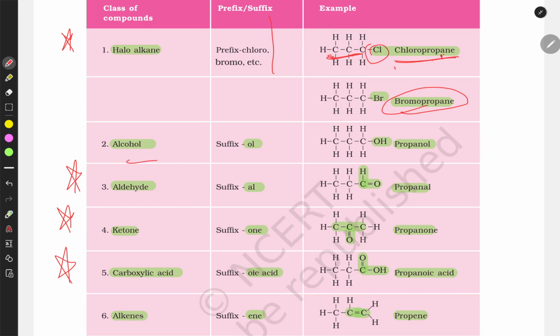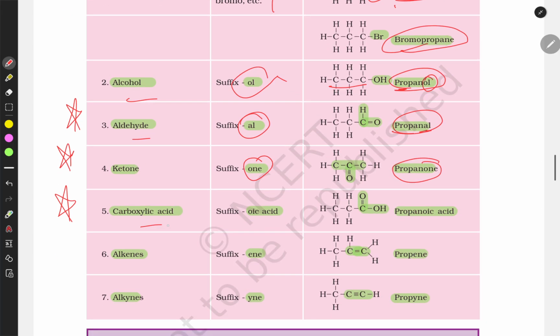Then there is alcohol, called propanol: prop for 3, and ol for alcohol. Aldehyde is al, propanal. Ketone is one, called propanone. Carboxylic acid is oic acid, propanoic acid.